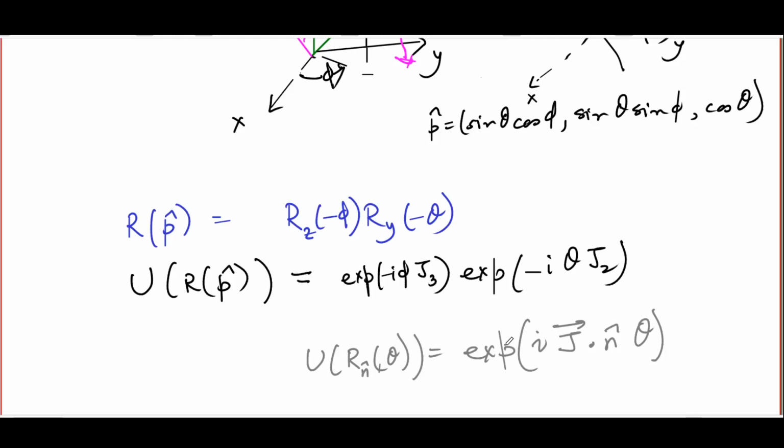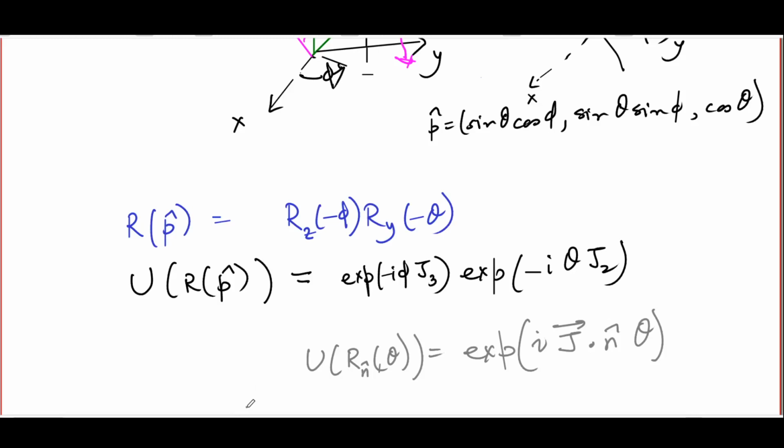So this is essentially what I wanted to emphasize, basically because Weinberg sort of skims over this point, makes it seem obvious and slips you this formula, where it seems to be inconsistent with his statement earlier about this being the expression for U(R(n hat, theta)), as well as inconsistent with the statement that you first rotate through an angle theta about y and so on.